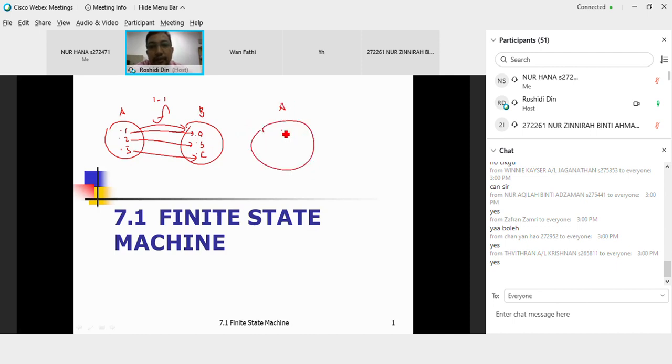So we have 1, 2, 3. 1 maps to 1, 2 maps to 2, 3 maps to 3.